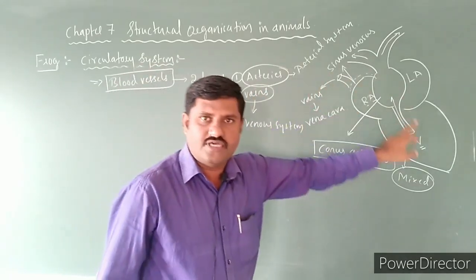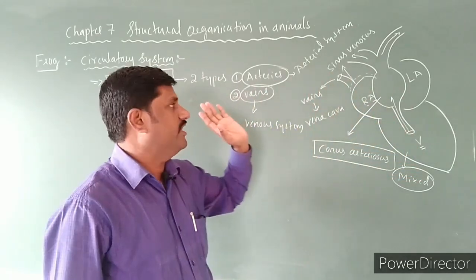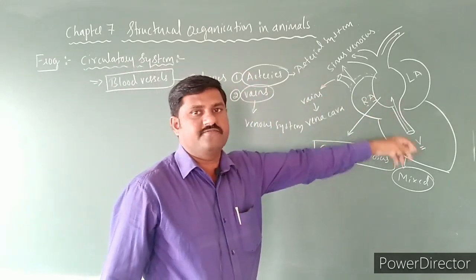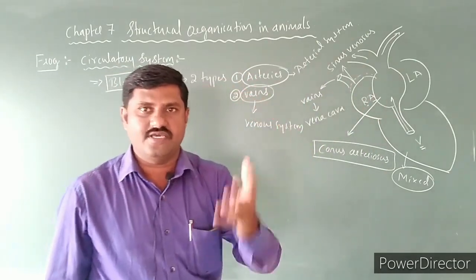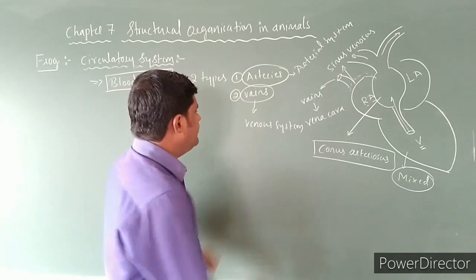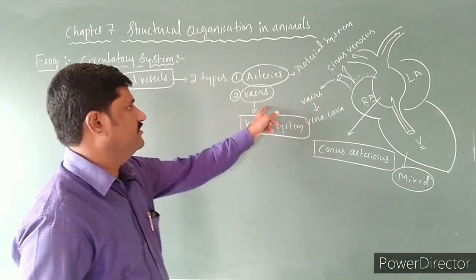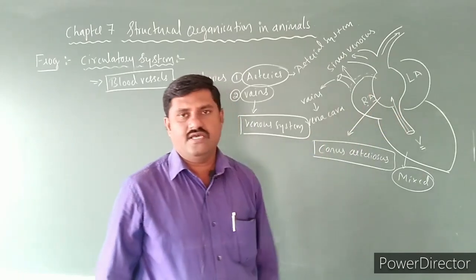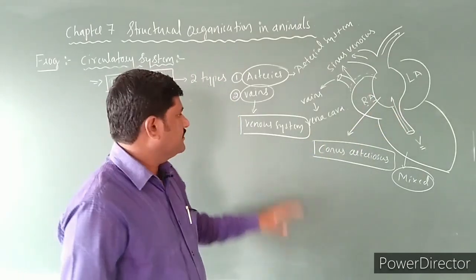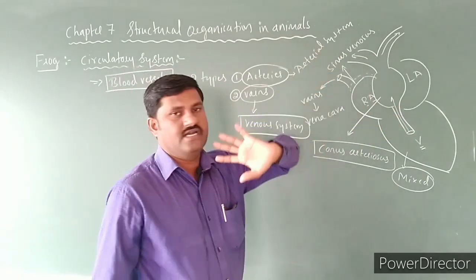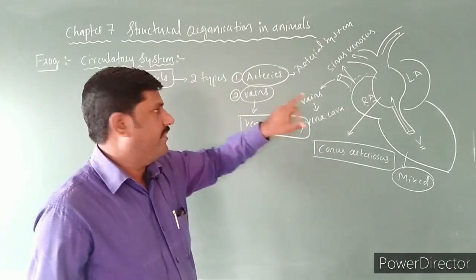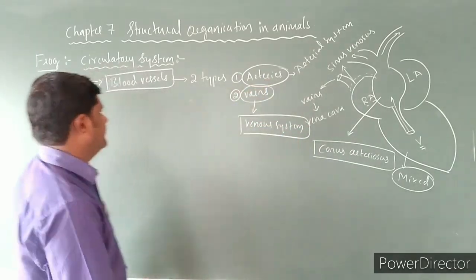Veins carry the blood to the heart from different parts of the body, and arteries carry the blood from the heart to different parts of the body, right? So what does this venous system carry? The blood to the heart, right? So the venous system as well as the arterial system are made by these arteries as well as veins.